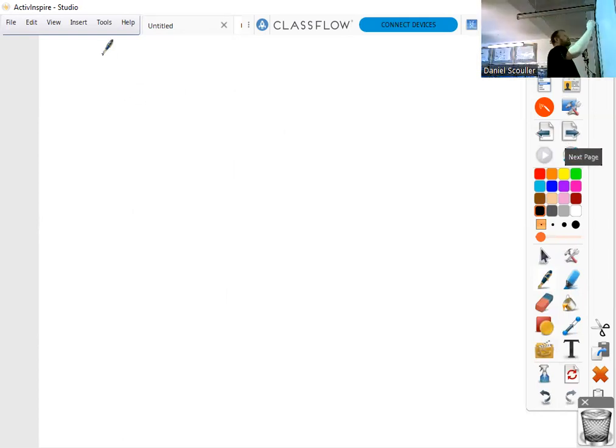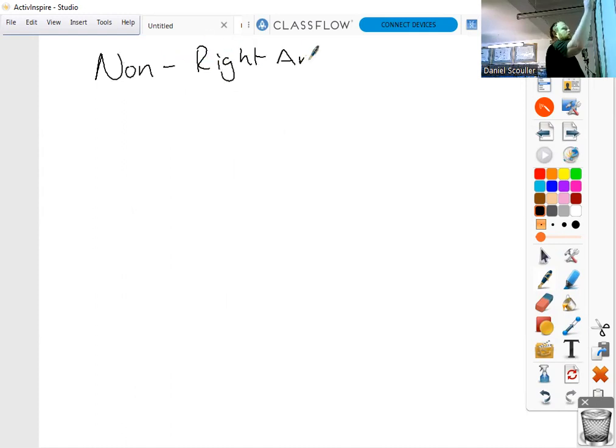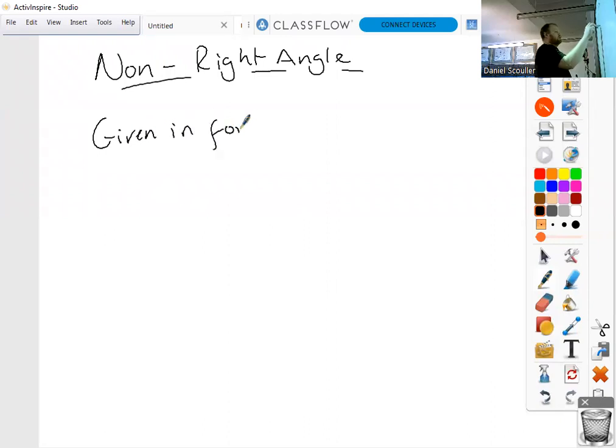Skip a page too quickly, give me a wee shout. Only non-right angles. These are given in the formula sheet. The non-right angle rules are given in the formula sheet.